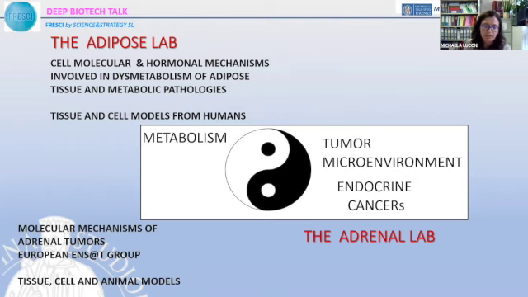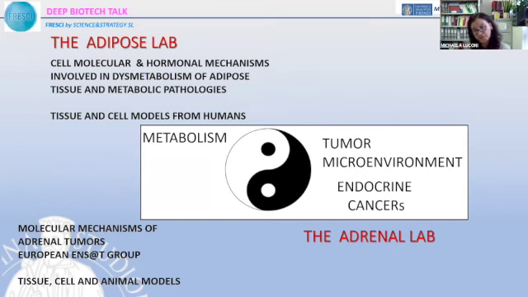The first concerns the mechanisms working in the adipose tissue, in the adipocytes and in the stem cells, which is the interest of the adipose lab, trying to delineate the molecular and hormonal mechanisms involved in different metabolic pathologies such as diabetes, obesity and metabolic syndrome, by developing in vitro and ex vivo cell and tissue models derived from human material.